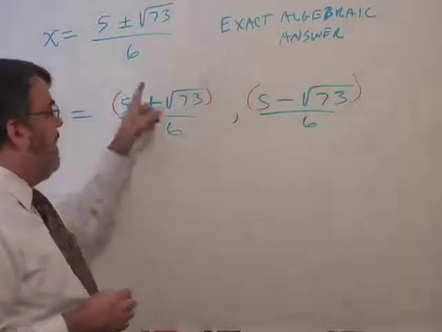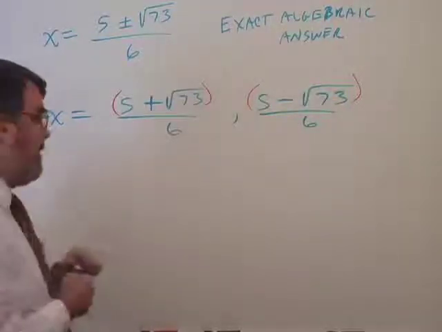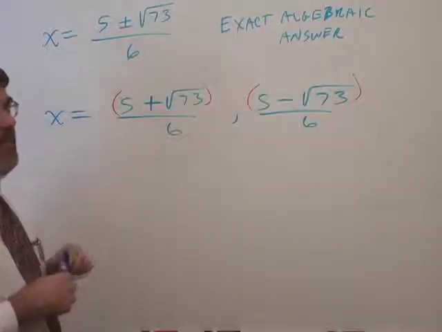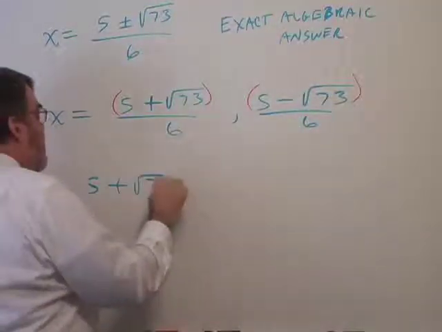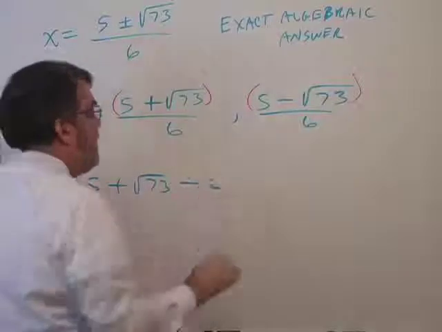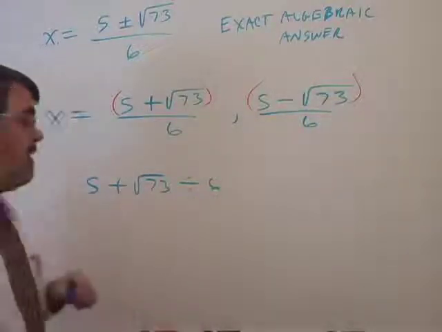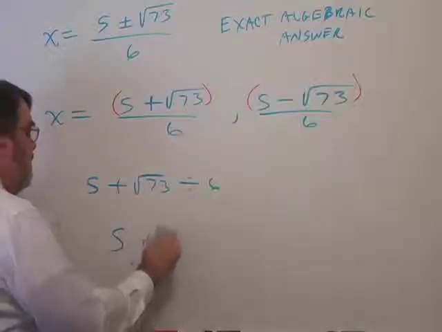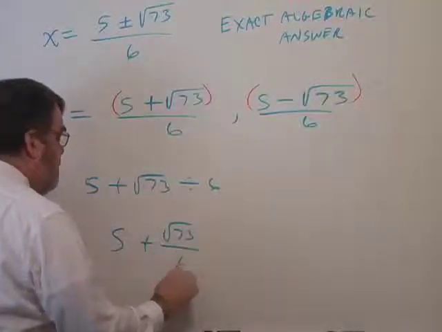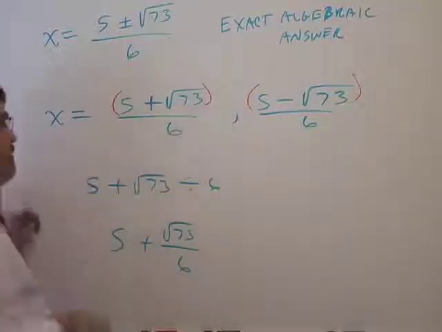If you did 5 plus the square root of 73 divided by 6 on your calculator, you're going to get the wrong answer, because what your calculator thinks you want is this result, not that result.